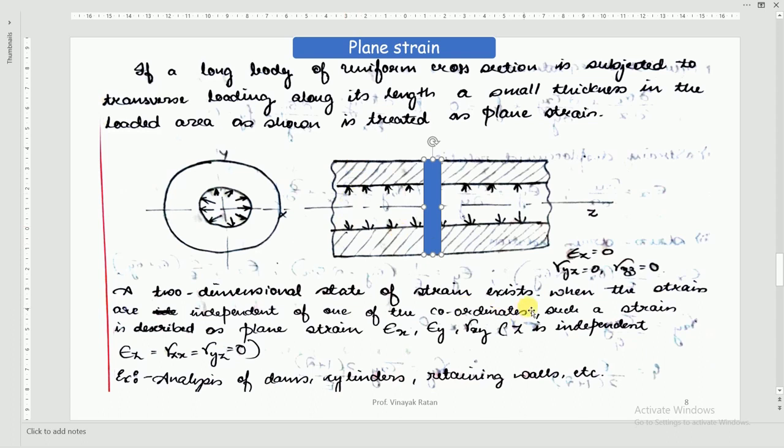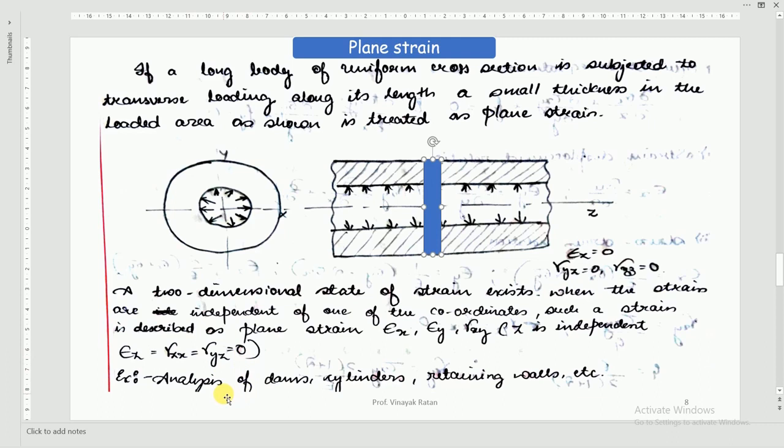So a two-dimensional state exists when the strains are independent of one of the coordinates. Such a state is described as a plane strain problem. Here you only have epsilon x, epsilon y, gamma xy. So z is independent, so epsilon z, gamma zx and gamma yz will be equal to 0.